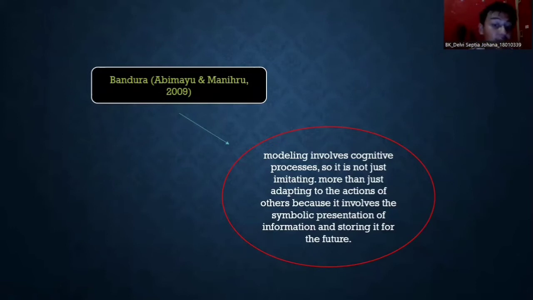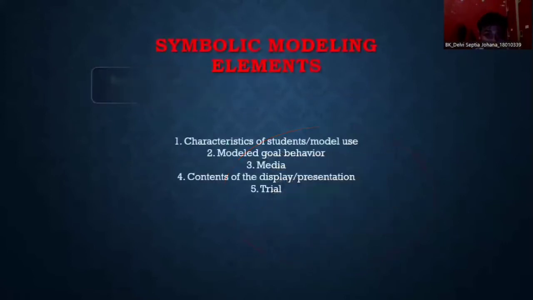According to Nur Salim 2005, symbolic modeling can be arranged from a student or can be studied as a group, and he suggested that in developing symbolic modeling one must consider several elements. Okay, nice. Symbolic modeling elements, five in number.